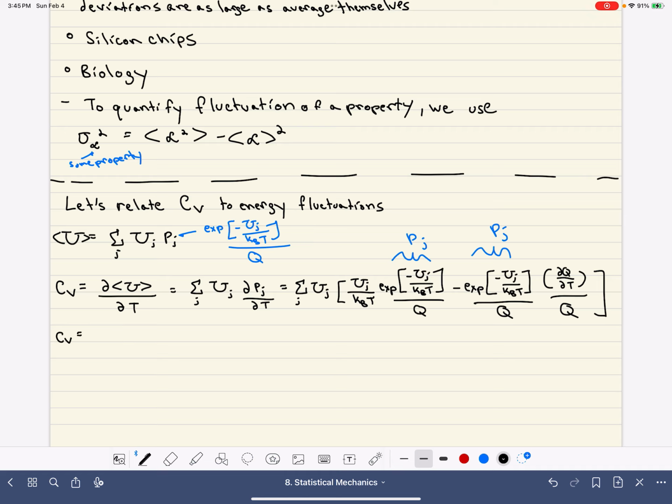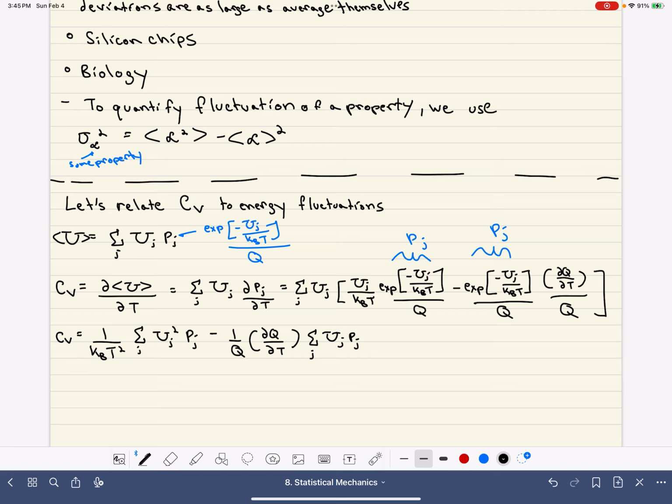CV is going to be equal to, pulling out the stuff that's not a function of j, Uj squared Pj minus 1 over Q dQ/dT, summation over j of Uj Pj.